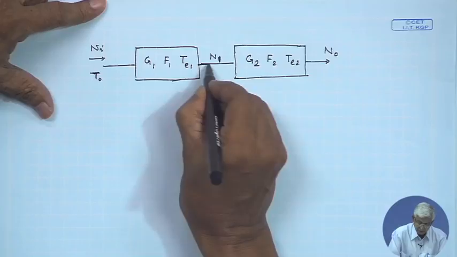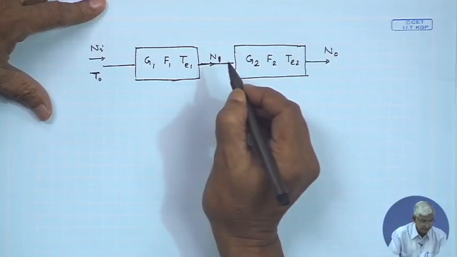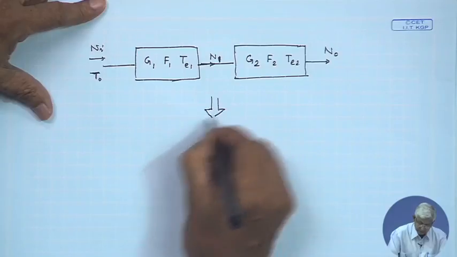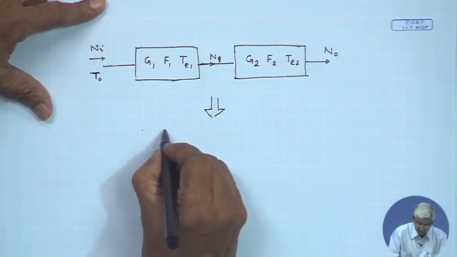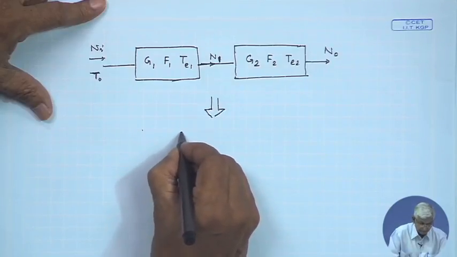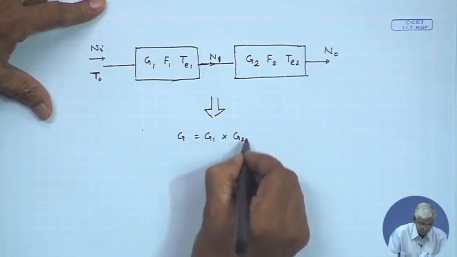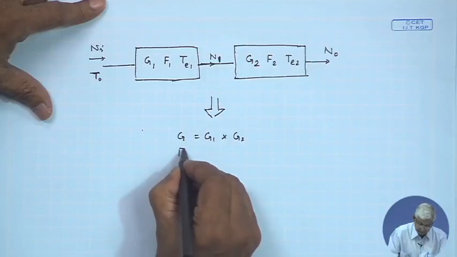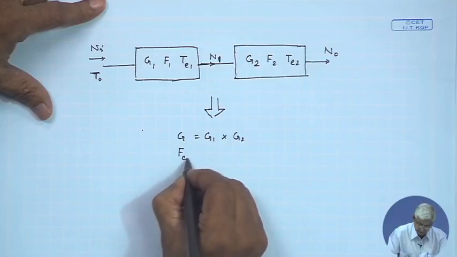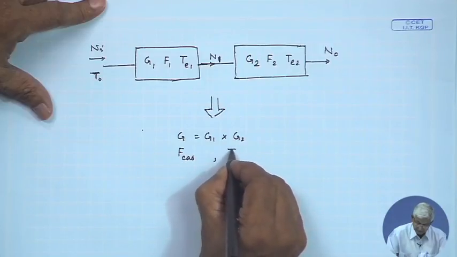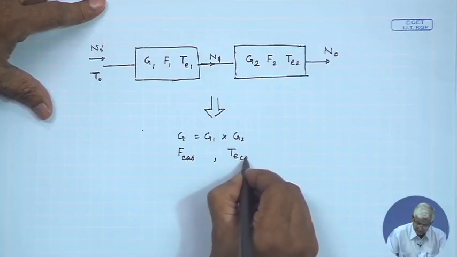Let us say this whole thing can be put in equivalence as a single unit, which has a gain of G1 into G2, a noise figure which we call F cascade, and an effective noise temperature TE cascade.